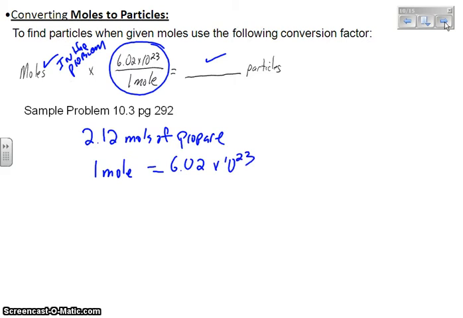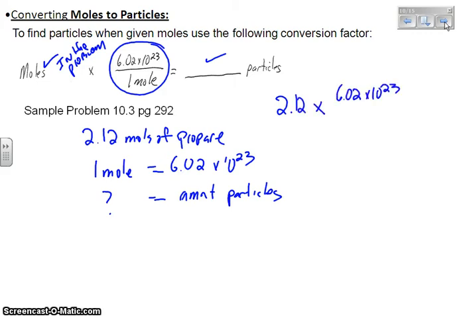What we don't know is the amount of particles. So we have to calculate that. And to calculate that, we use the conversion factor listed above. So 2.12 times 6.02 times 10 to the 23rd over 1 mole of propane.